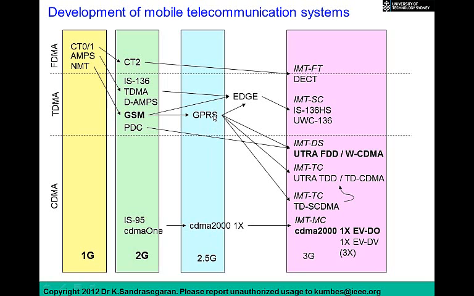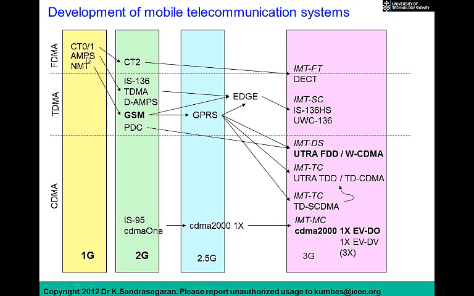And then, but the data rates were still pretty low, and around 2000, with the launch of the IMT 2000, we had the third generation mobile systems, and wideband CDMA became the most popular of the third generation mobile communication systems.